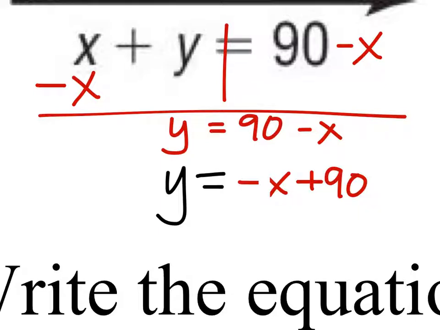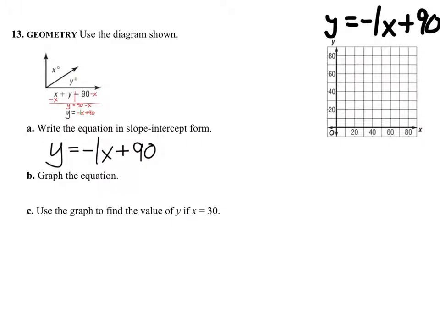We just can't see it. Sometimes we can't see it, like right here. So based on what I told you guys about coefficients, what is the coefficient of x on this one? -1. That's very good. So keep that in mind. This right here would work as slope-intercept form.